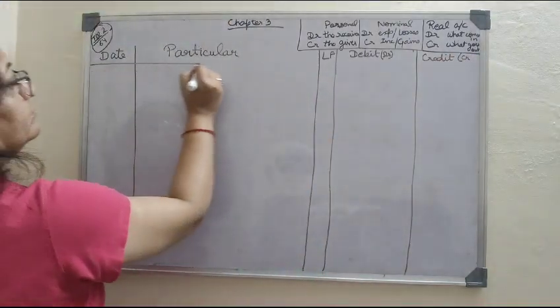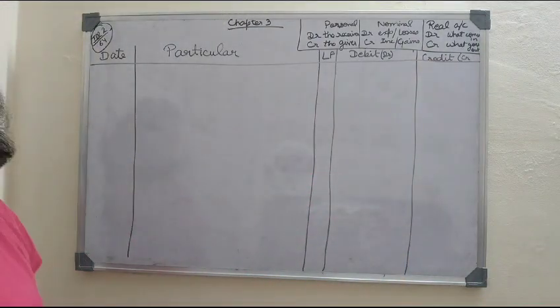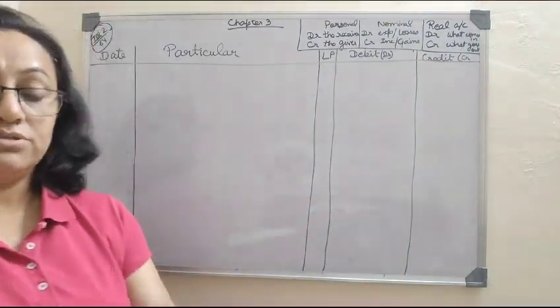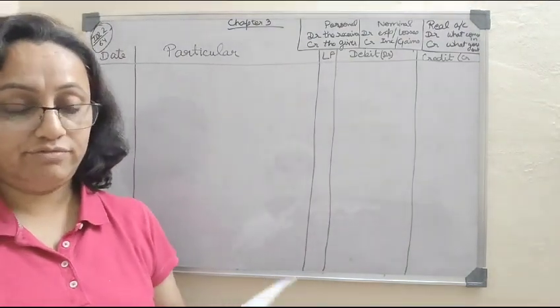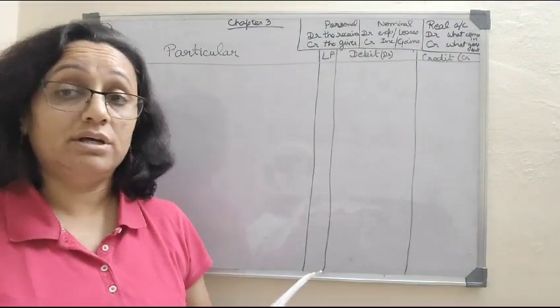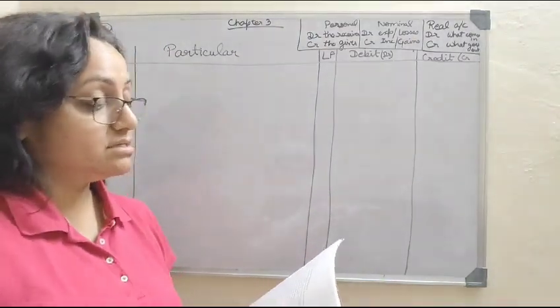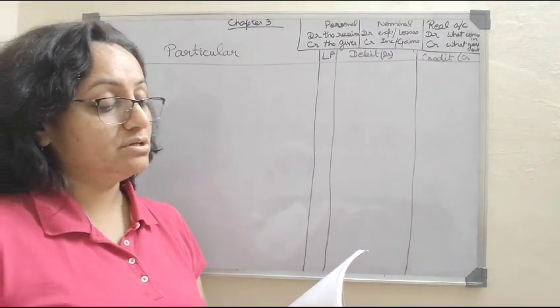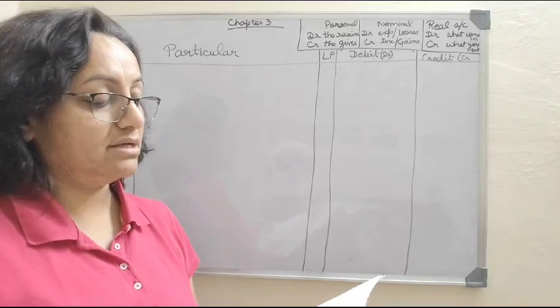These are the headings of our accounts, and we are doing the journal entries of Illustration 2. Please see quickly because it is lots of transactions, but they are on the other hand very easy also. They are not difficult. First, Suraj Mart furnishes the following information. Transactions during the month of April 2017 are as under.